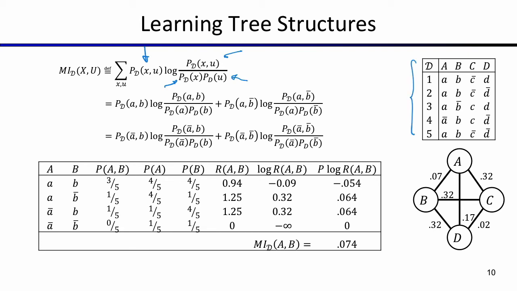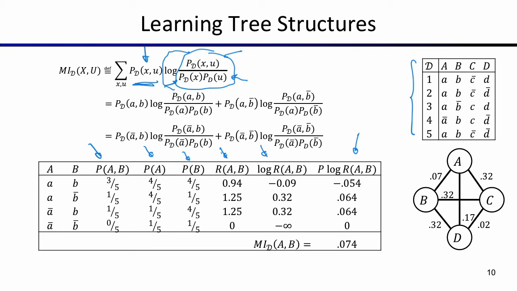So we have those terms here. We have the probability of A and B. We have the probability of A. We have the probability of B. We have this ratio that's basically the probability of A and B divided by the probability of A multiplied by the probability of B. We apply the log to this ratio, and finally we multiply the log of the ratio by the probability of A and B, and we have this final result here.